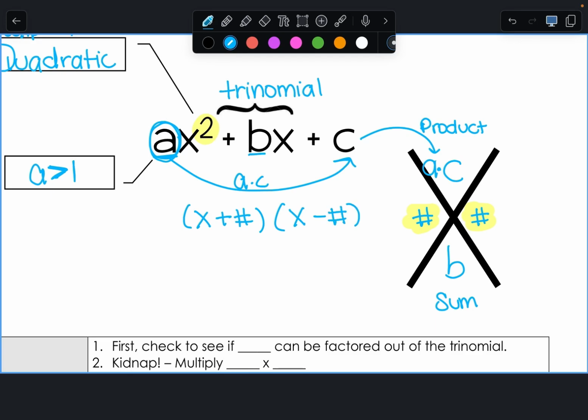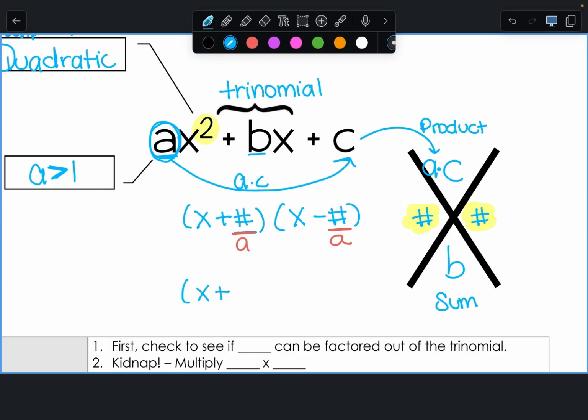But because you kidnap that number, we call it kidnapping, don't forget, with every kidnapping, you end up having to give the kid back. So you part ways, give the kid back. We're going to divide by the number that we kidnapped. And then you get your final answer.